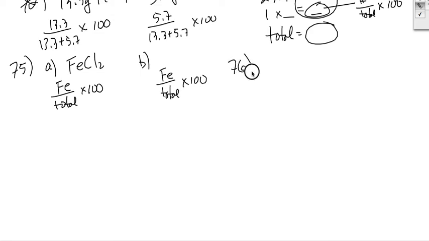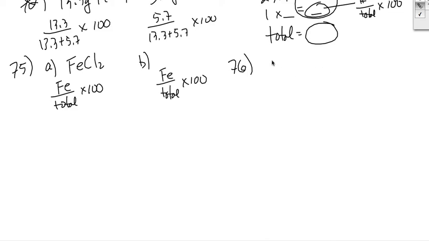Okay, number 76. This time we're not given the formula and then asked to find the percent composition. We want to find the formula. Number 76 says, what is an empirical formula? And which of the following molecular formulas are also empirical formulas?